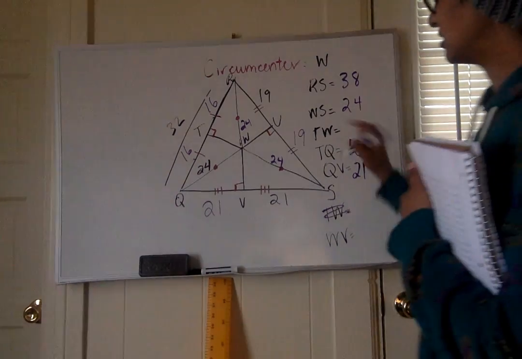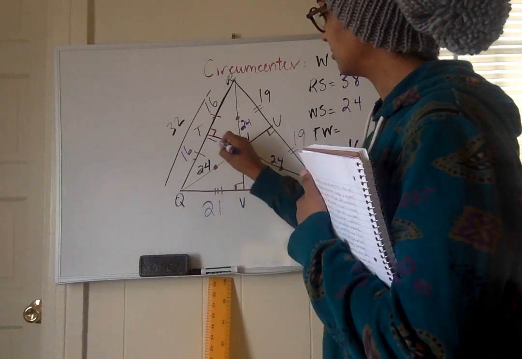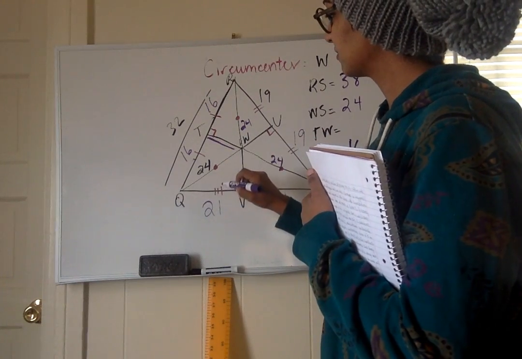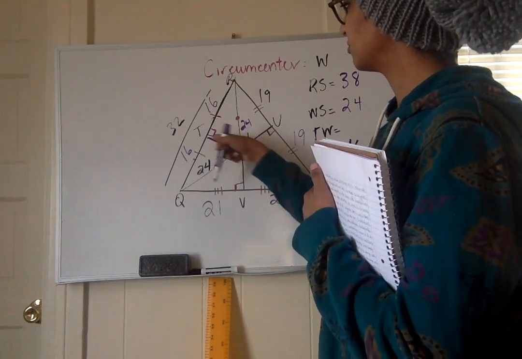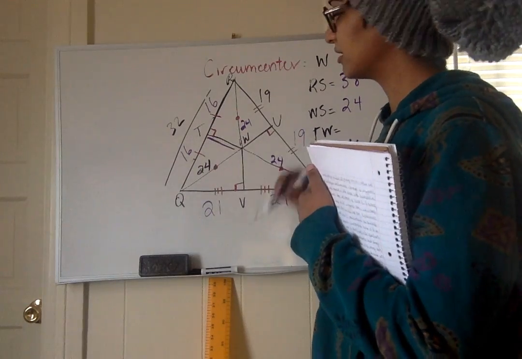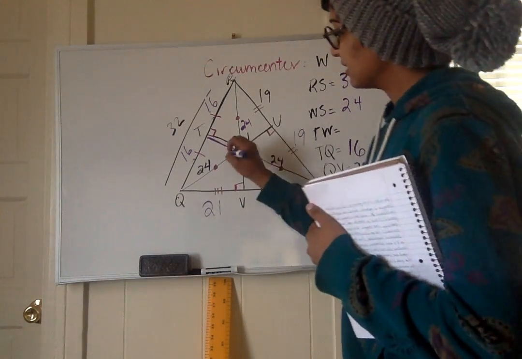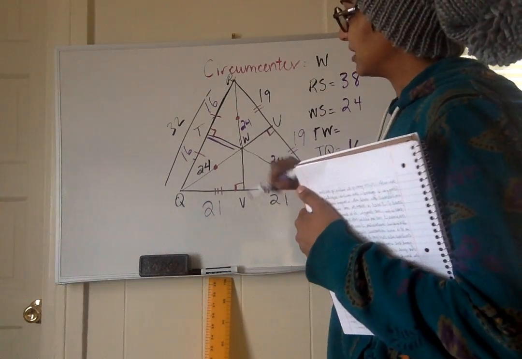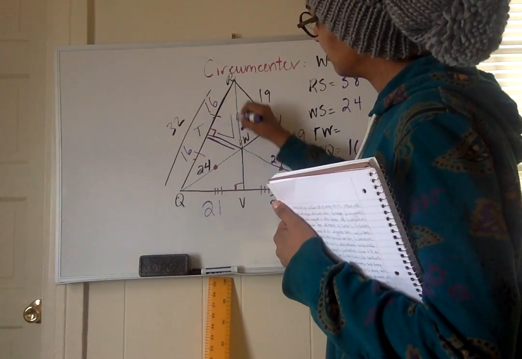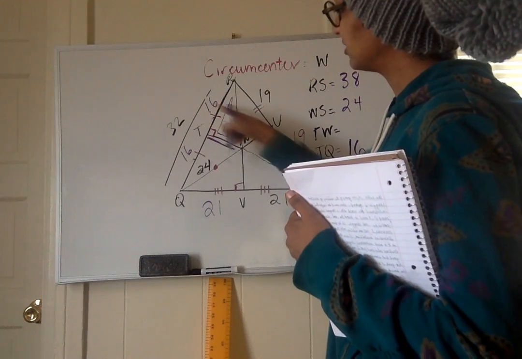Okay, TW, let's see what we got. We have a right triangle right here, and a right triangle right here. You can use either one. They're actually exactly the same. Let's use this one because that's where my perpendicular side is. So for TW, I have the hypotenuse and a leg.